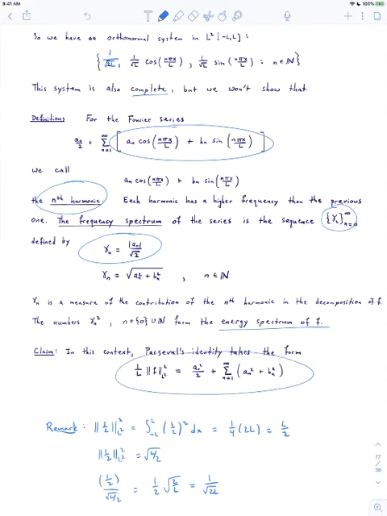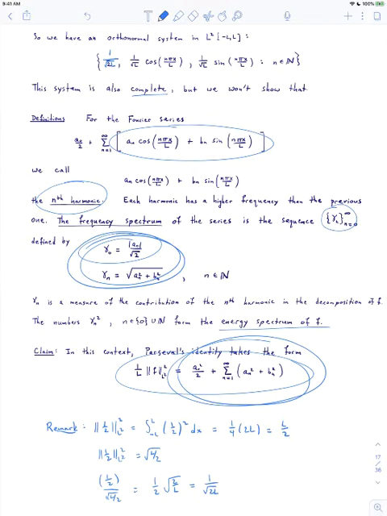It's 1 over L times the L2 norm of f squared is equal to a0 squared over 2 plus the sum n equals 1 to infinity of a_n squared plus b_n squared, which is really just the sum of the elements of the frequency spectrum squared. If you square all of these terms and add them together, that's the thing on the right. And that equals, according to Parseval's identity, 1 over L times the L2 norm of f squared.